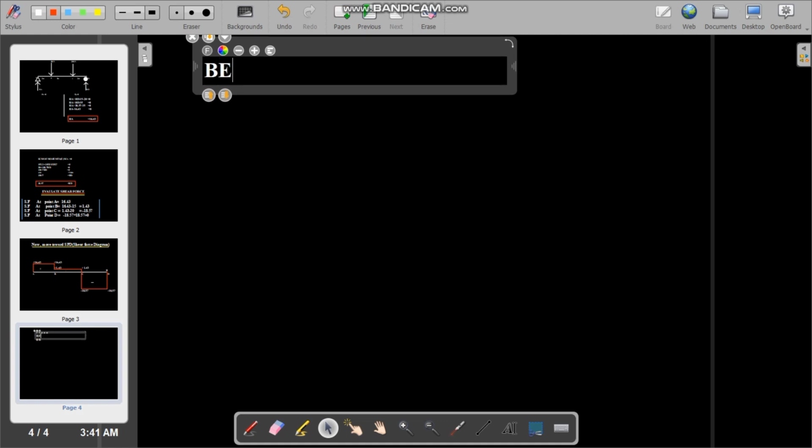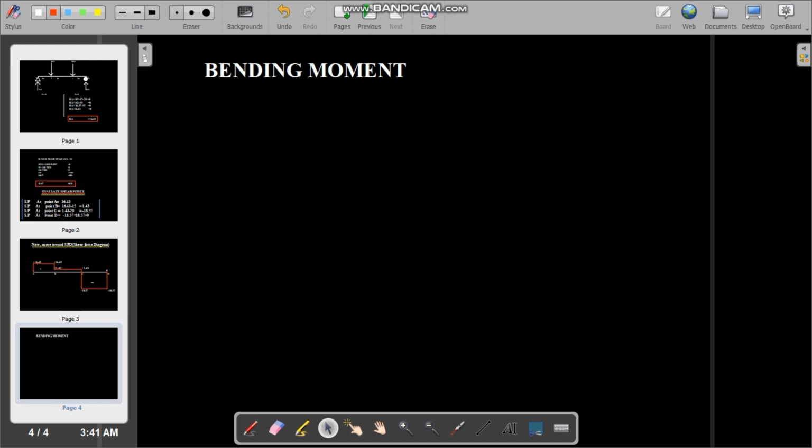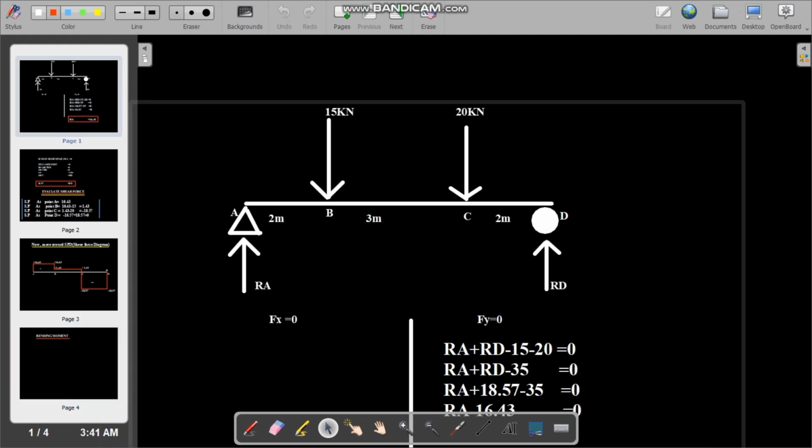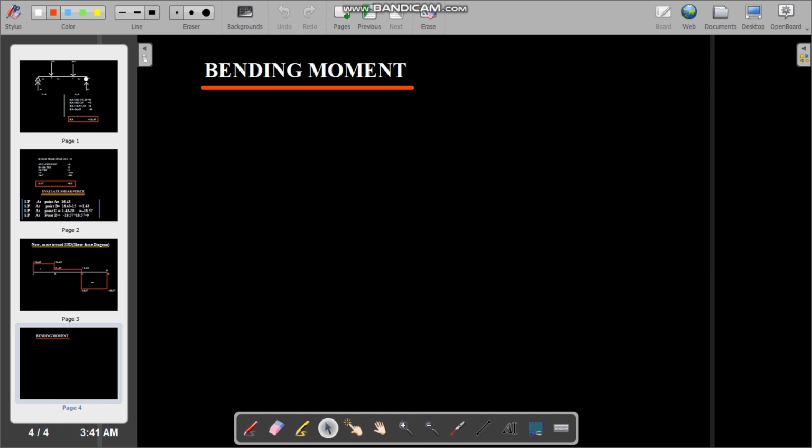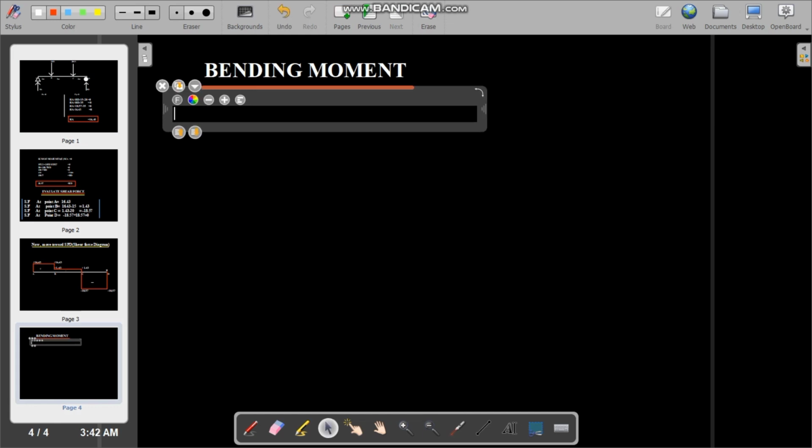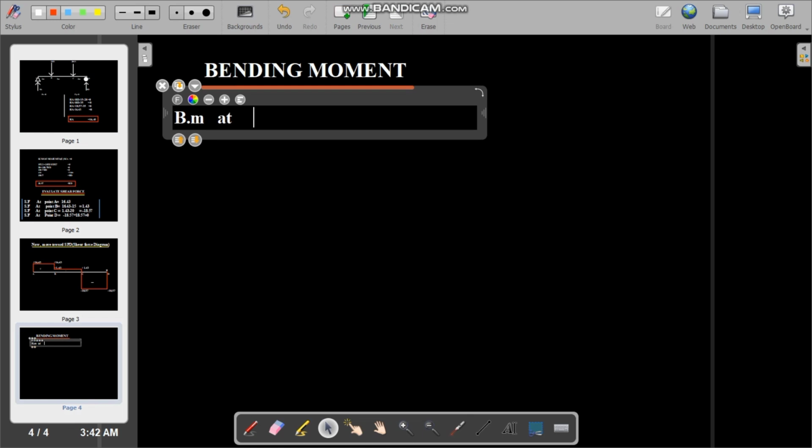Now we're moving toward the bending moment. How can we calculate the moments at points A, B, C, D separately? As we evaluated the shear force, we now have to evaluate the bending moment. What is a bending moment? Bending moment is the multiplication of the point load by its distance from the point we started.